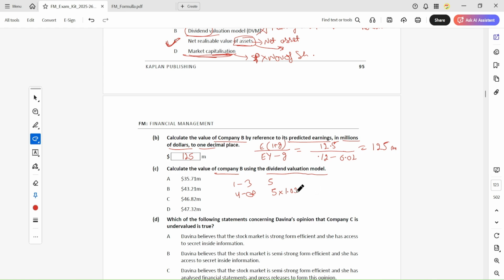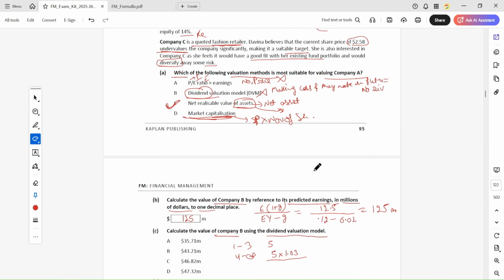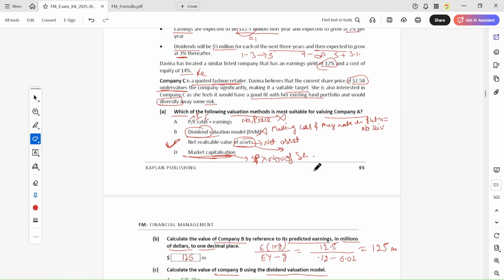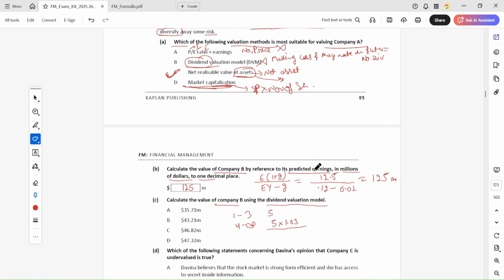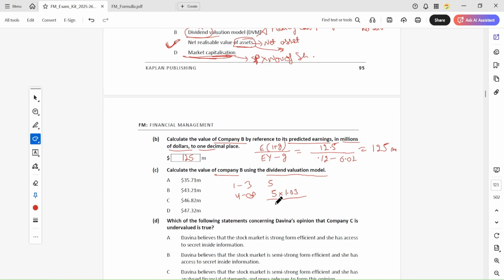To calculate the infinity, we have to divide this by cost of equity minus the growth.